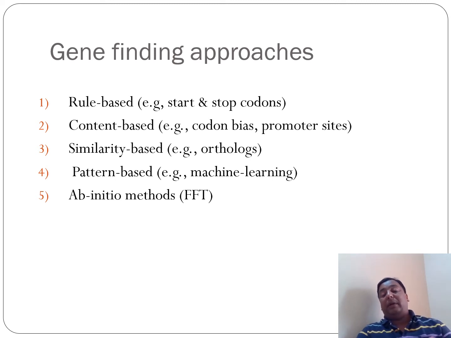So these patterns we need to understand. And the fifth approach is the ab initio methods, where these methods fully depend upon the thermodynamic properties. So how the thermodynamic parameters are responding to the genes' behaviors in three-dimensional space. And of course, force fields are required to understand the entire process.